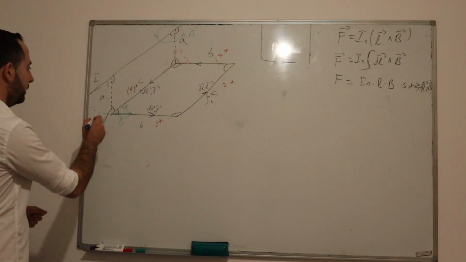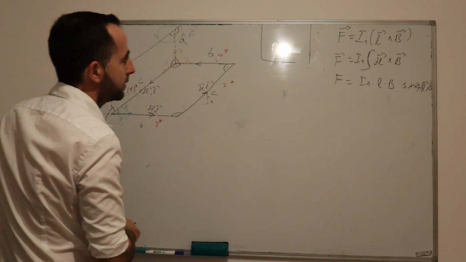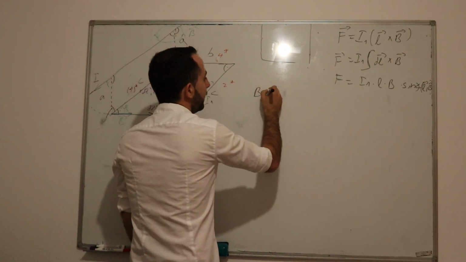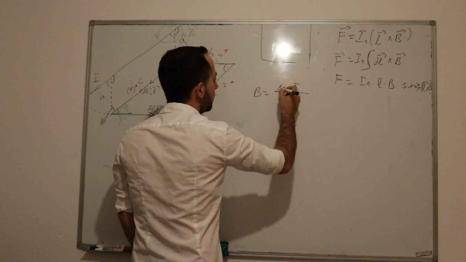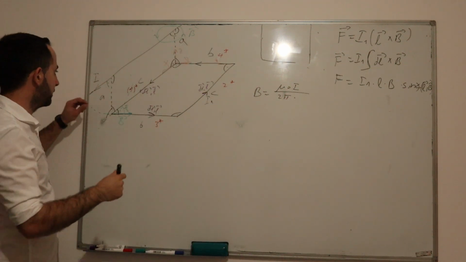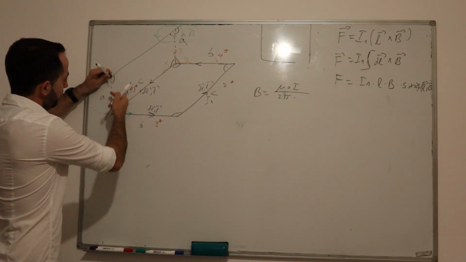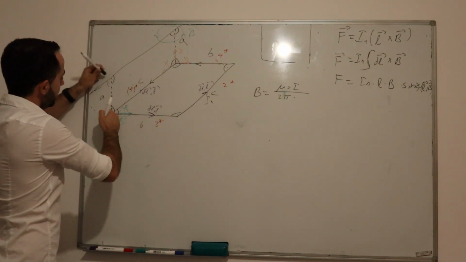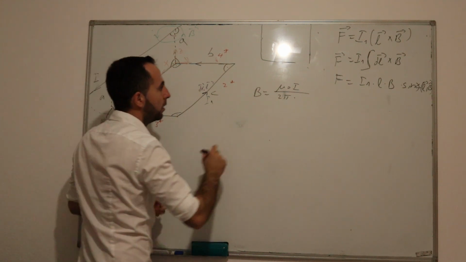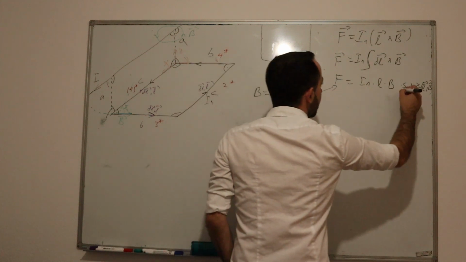But also what we need to calculate is our magnetic flux density. B is equal to μ0 I over 2 pi times the distance, for an infinitely long conductor. What is the distance? Well, because these two conductors are parallel, at this point the distance is actually this A. So we put that in here.